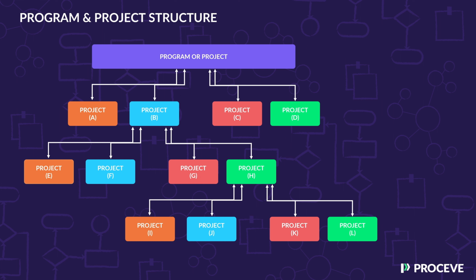Now, in addition to this particular way of organizing your projects, we also have a special kind of project that we find particularly useful and unique, and we call that a tracking project.